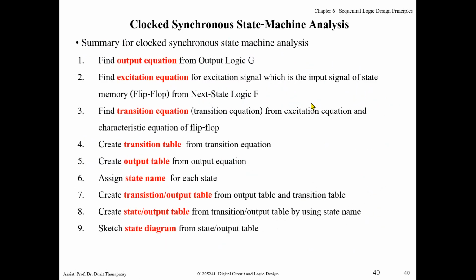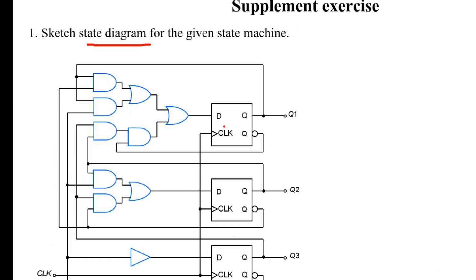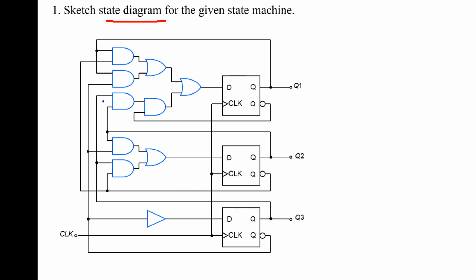That's all. And for more exercise, for example, if the problem gives you a circuit and lets you write down a state diagram, can you do it? Yes, you can. For example, this first one.